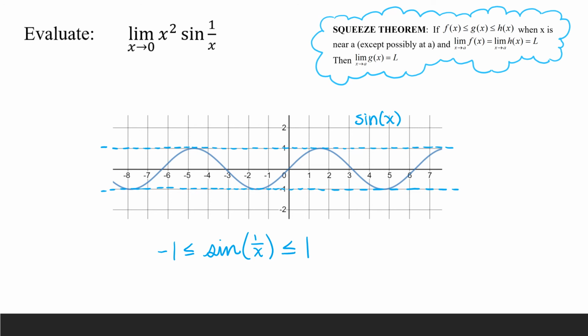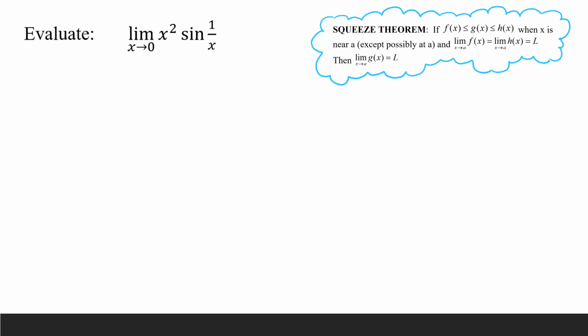And though this doesn't quite look like our function yet, we do have some sort of scenario here where we have an inside function trapped within some bounds. So let's put that to good use. Let's use our -1 is less than or equal to the sine of 1 over x is less than or equal to 1.